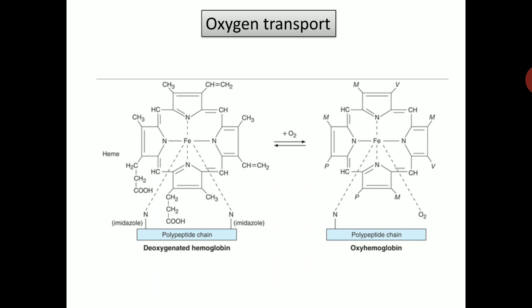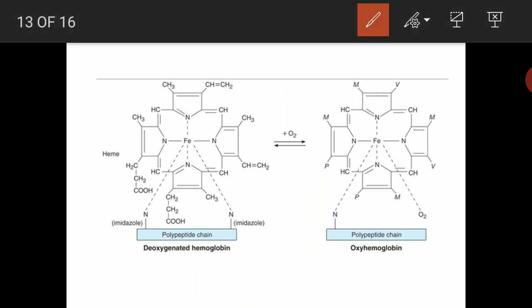And you are seeing that this is the ferrous Fe2+. In the center there is Fe2+; in the deoxygenated state it is not combined with oxygen, and in the oxygenated state it is combined with oxygen, but there is no change in the valency of iron, so there is no oxidation or reduction occurring at the level of oxygen combination.